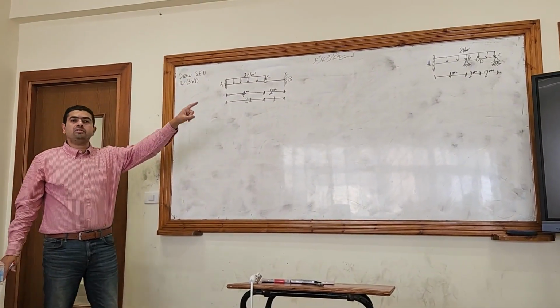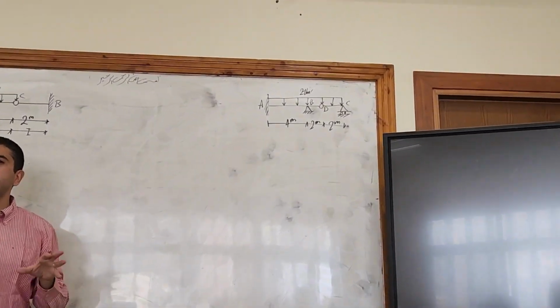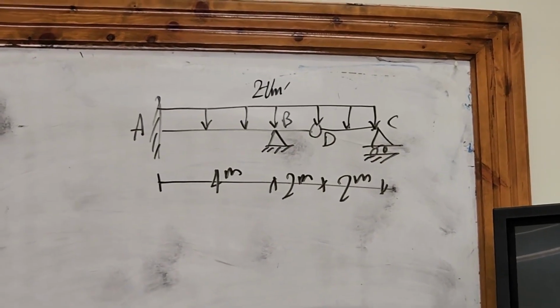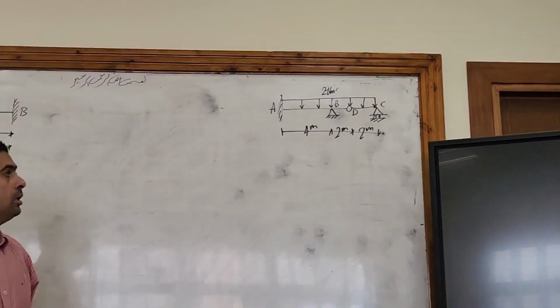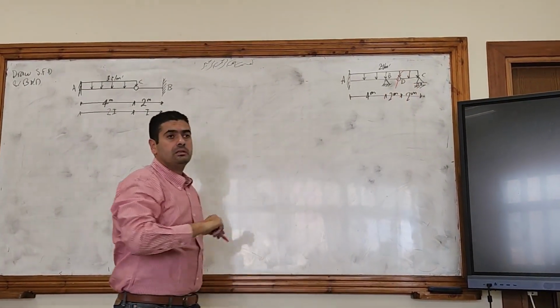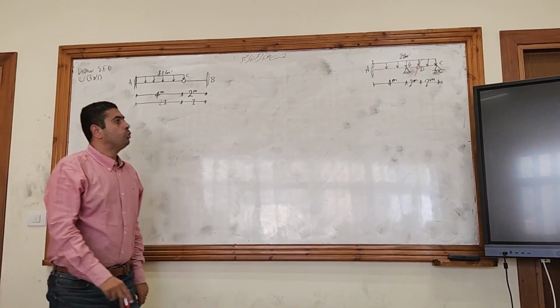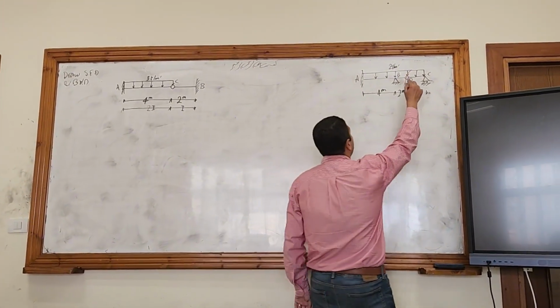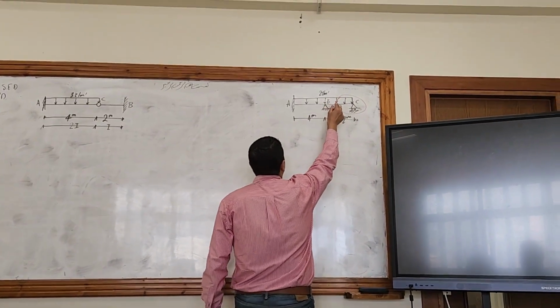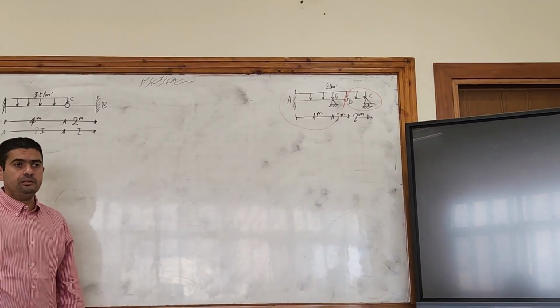Let's start with the right one, okay? How can I solve any compound beam? There were a lot of steps. The first step was, please come here at the hinge D and split the two parts of the beam. So I have now a part called CD and another part called ABD.